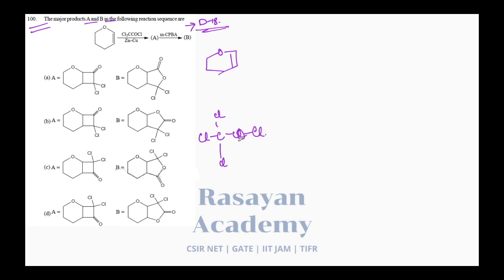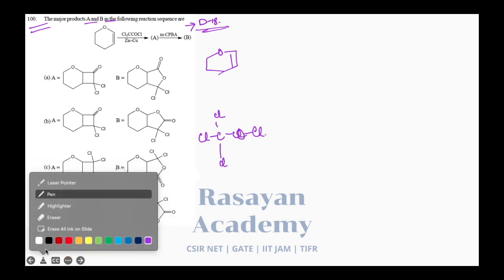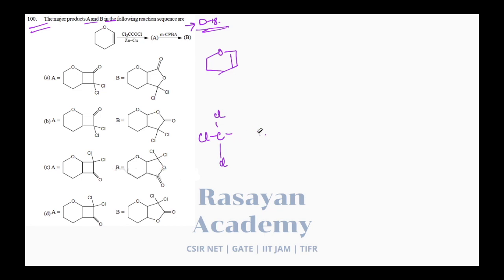So what are you going to do, guys, in this particular molecule? Let's say we draw the molecule in this way so that you can consider the elimination. In the presence of a zinc and copper couple, you know what is going to happen. Zinc is going to transfer the electrons and it is going to give you a dichloroketene molecule, isn't it?